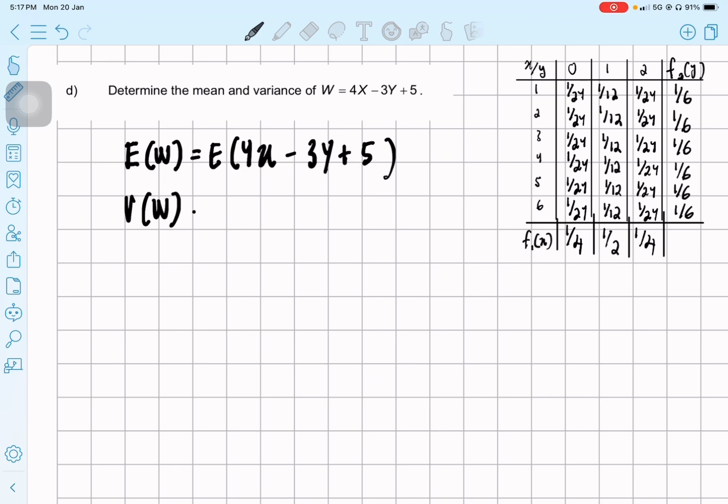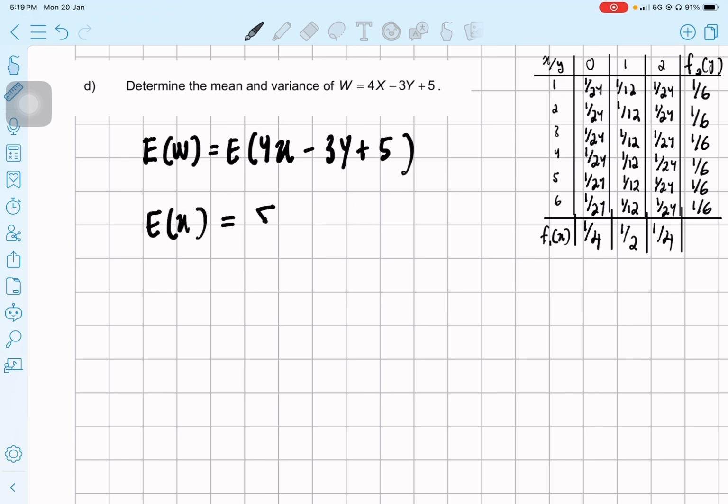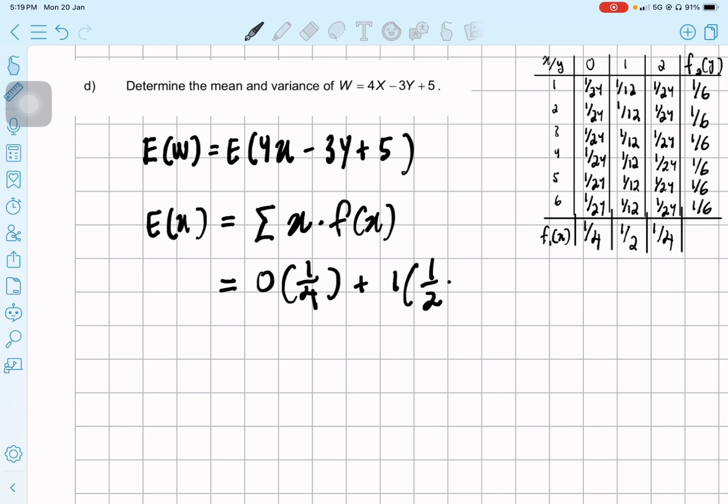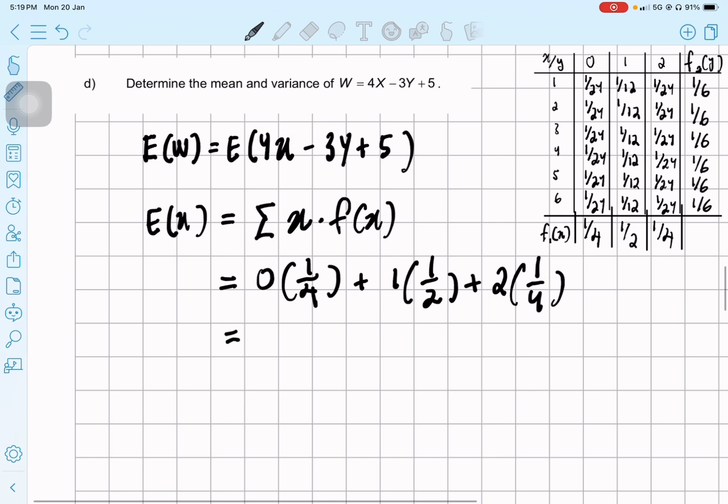The variance of W will be the variance of 4X minus 3Y plus 5. Now the expected value of X is 0 times 1 over 4 plus 1 times 1 over 2 plus 2 times 1 over 4, which equals 1.